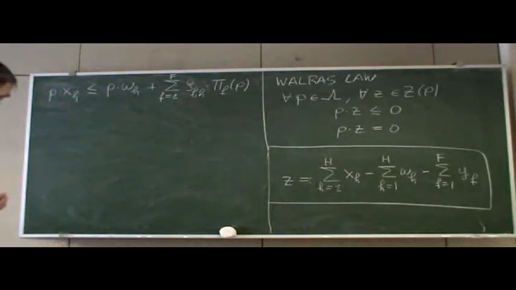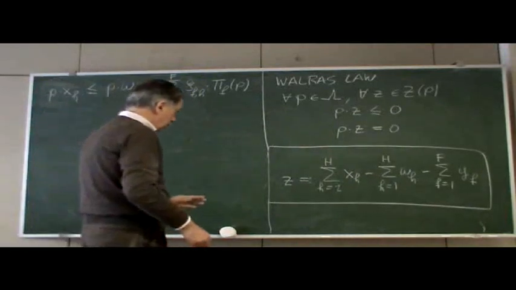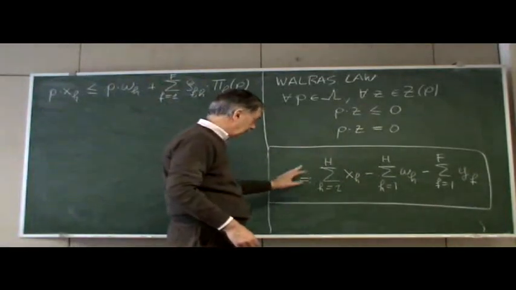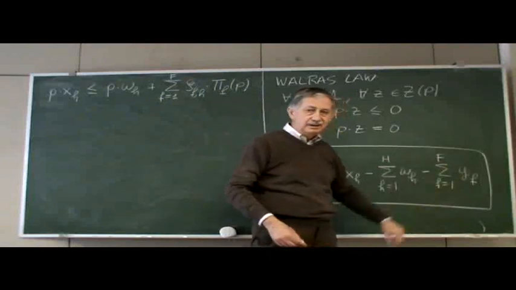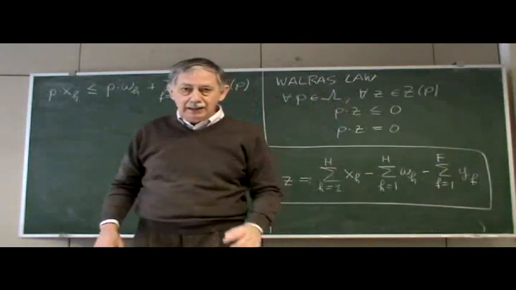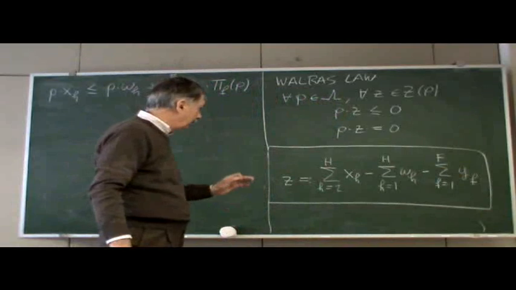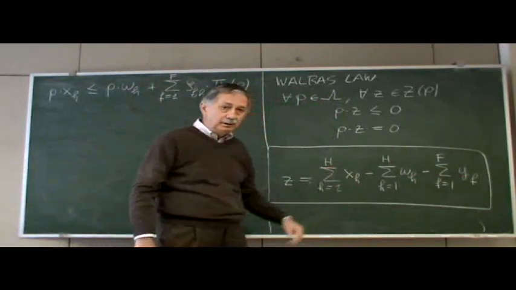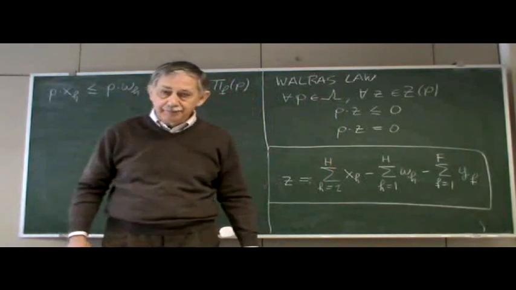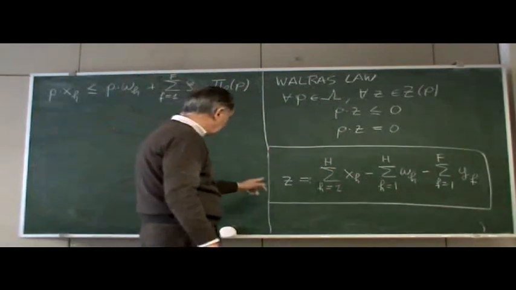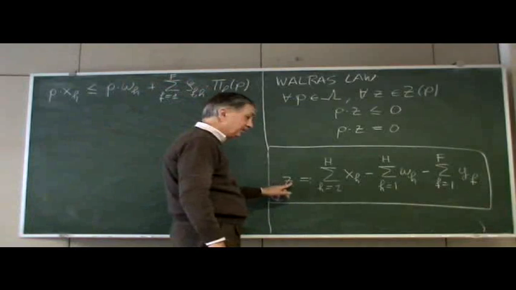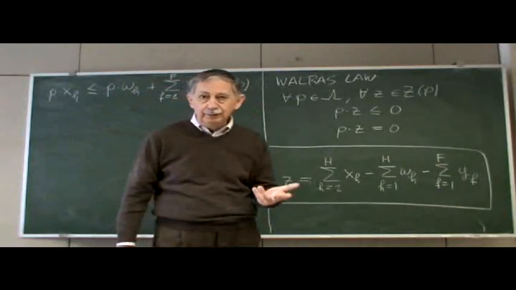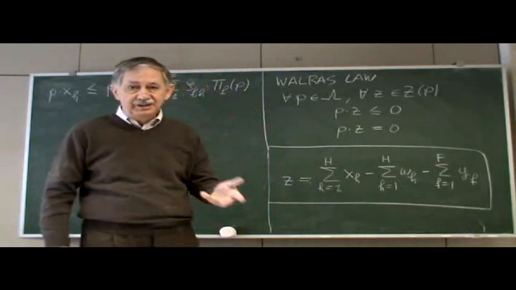Now, put attention. z is a vector. Clearly, also this sum is a vector. Now we multiply both sides of this equality by the price system. So you have here P times z, which is the total value of the vector of excess of demand.